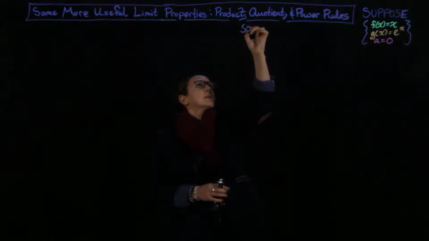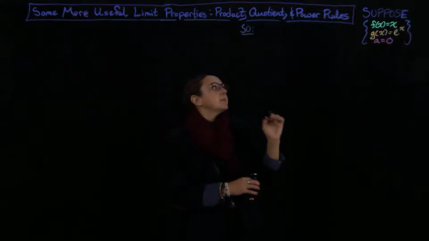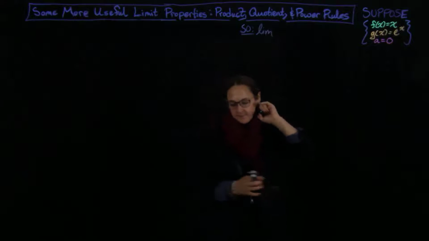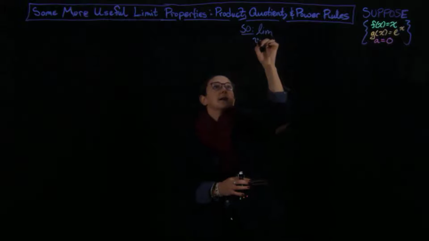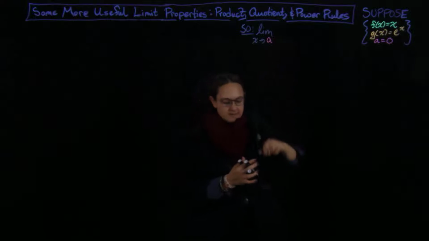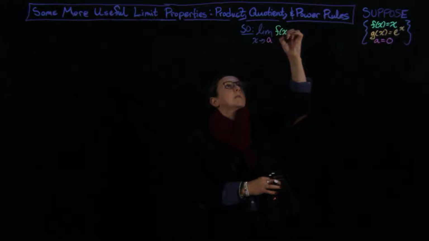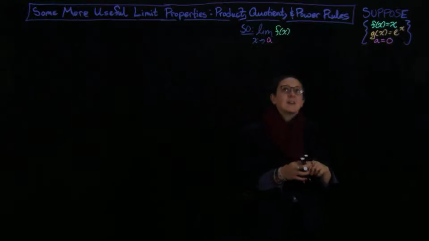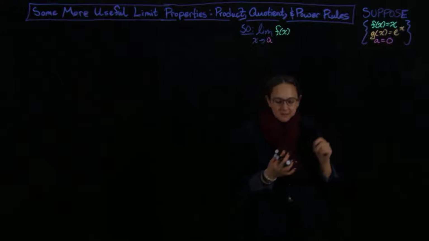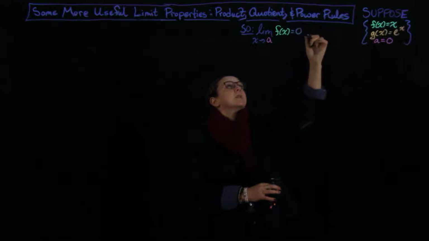Looking at these, it's going to be useful to know what the important limits are. We know the limit as x approaches a, which is 0, of f of x. In this circumstance, I'm taking the limit as the function x approaches 0, and so that's just going to be 0. That's one thing that we know.